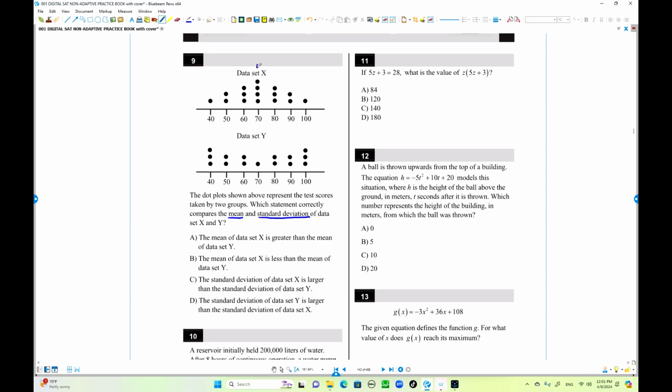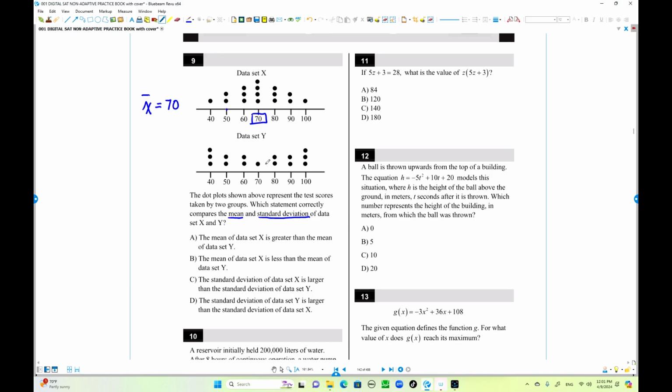This is in the middle, same distance, same point. That means this data is actually symmetric about this line, perfect symmetry. So this is the median, and 70 is also the mean value. The mean is just 70.